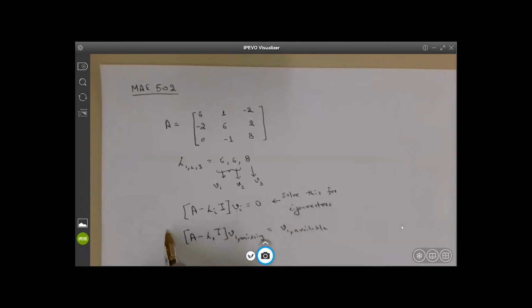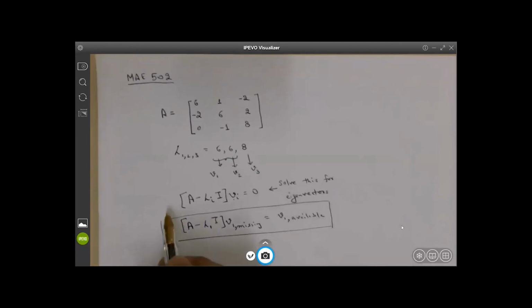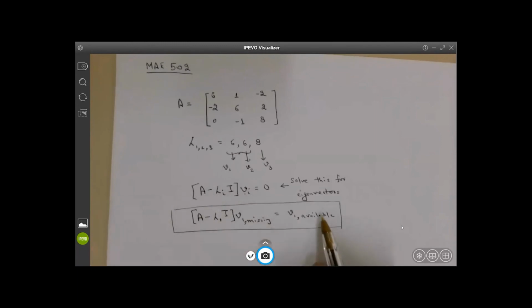So this is the equation we used in case we do not get an independent eigenvector using the first equation. Are you guys with me? Yes, we saw that in the last lecture. Is everybody following, or do you have any questions so far?